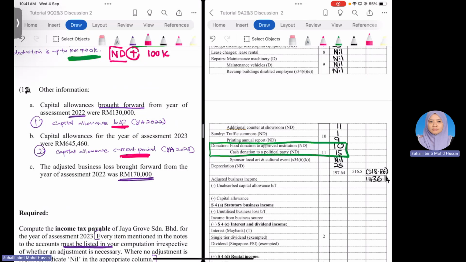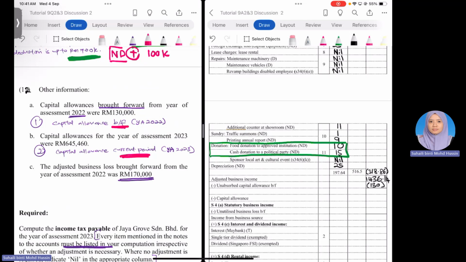The capital allowance brought forward, we call this unabsorbed capital allowance, 130,000 ringgit. You still have a balance.